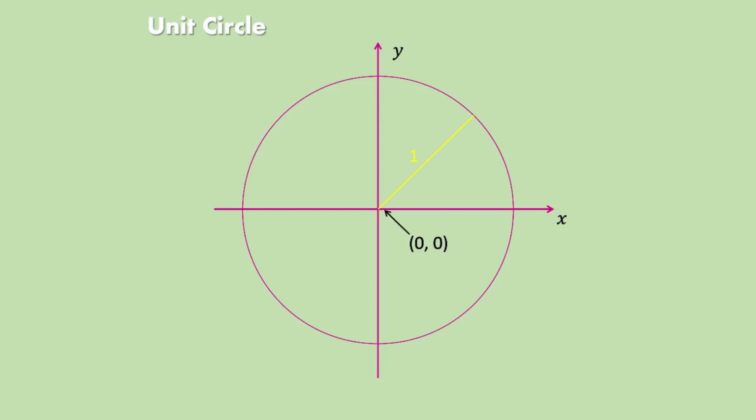As we move counterclockwise around the unit circle, other key coordinates for x and y become (1, 0), (0, 1), (-1, 0), and (0, -1).